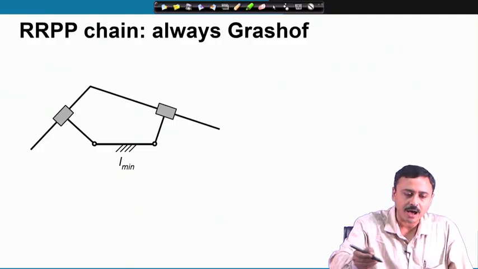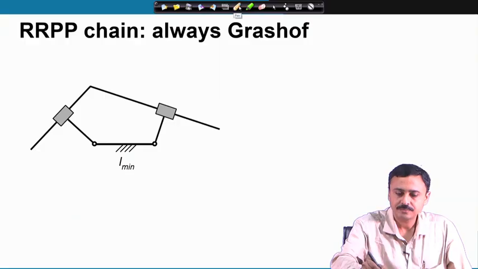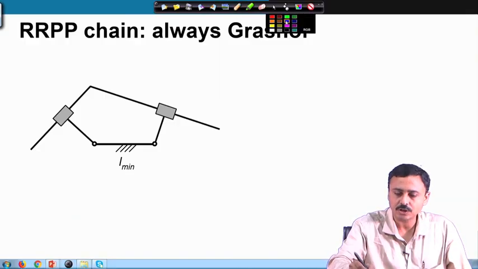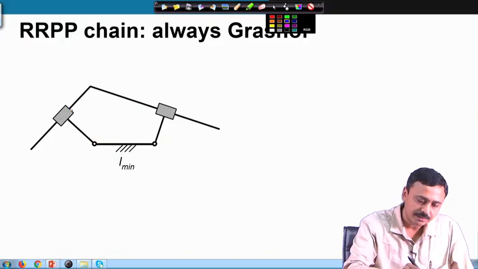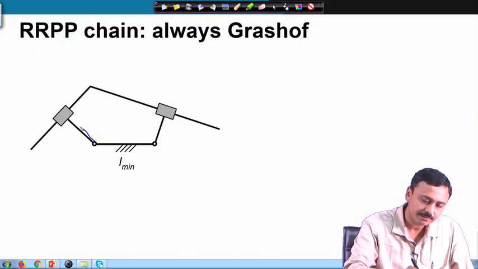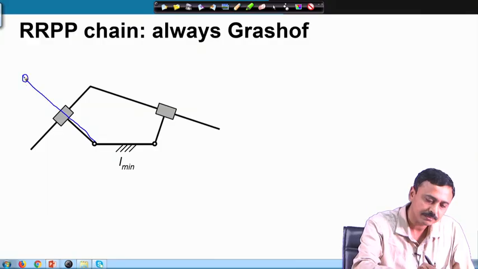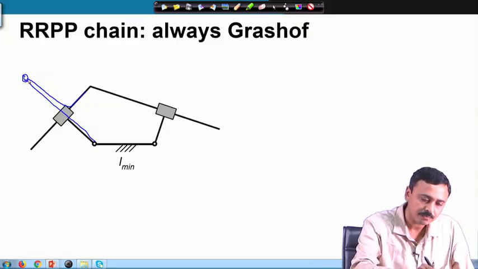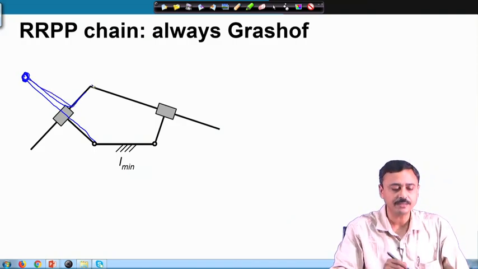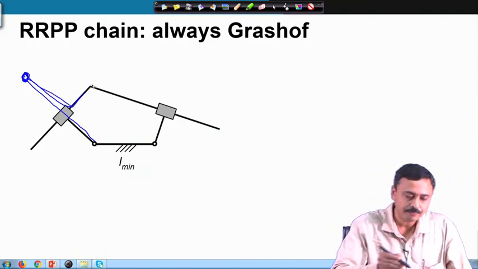Now, let us look at the RRPP chain. This chain is always Grashof. Let us see why. You can replace these P pairs by infinitely long links, as we have discussed previously.